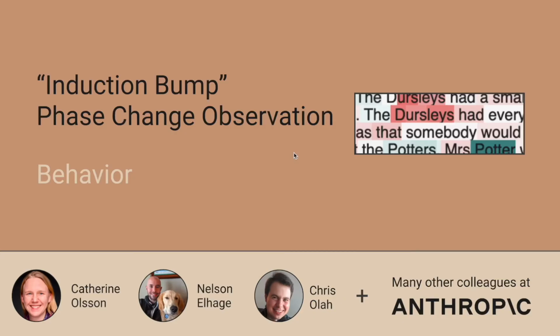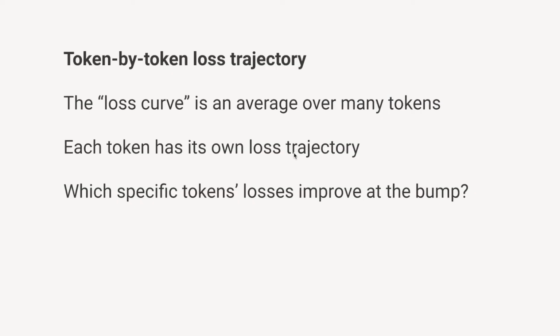So let's go into behavior. In this, I'll be looking at how the token predictions change, and particularly the data that I'll be analyzing is the token by token loss trajectory. You're probably familiar with the average loss curve, which is an average over many different tokens.